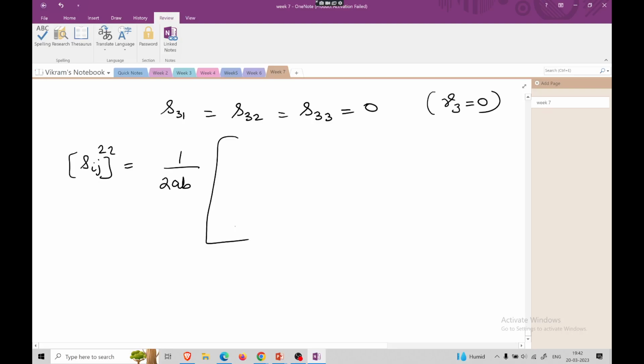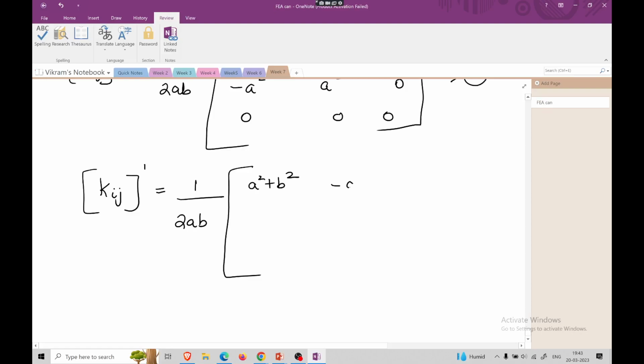The first will be a square plus b square. The second will be minus a square. Third will be minus b square. I am simply adding both. So here minus a square is there, here 0.